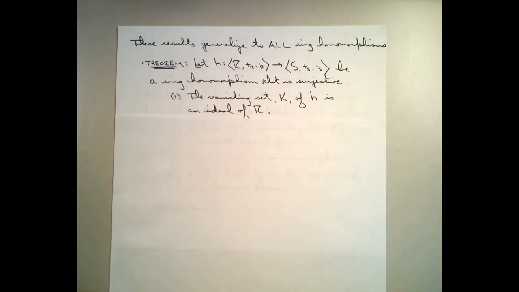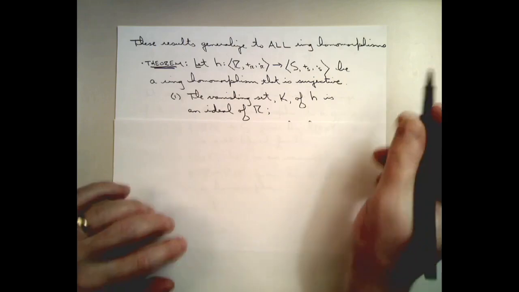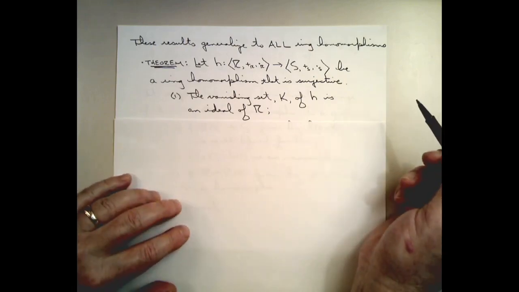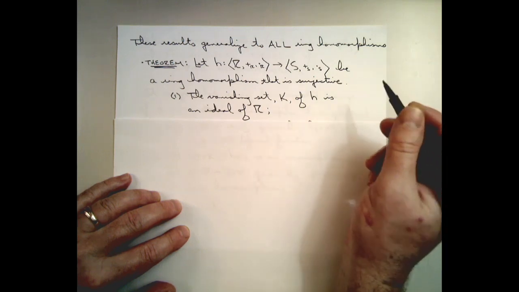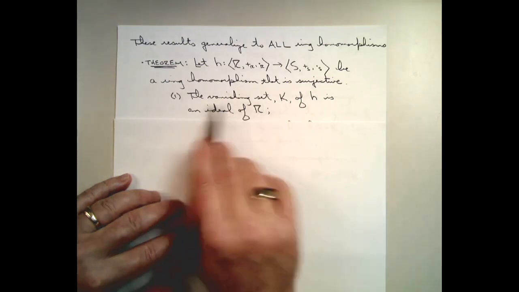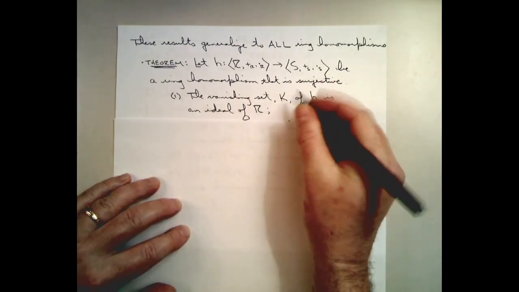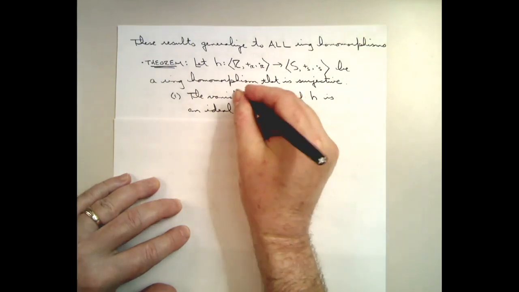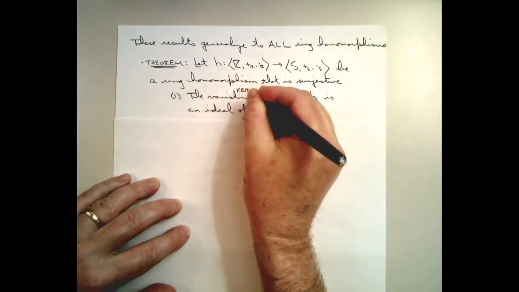First of all, the vanishing set, and I'm going to call the vanishing set K of H, is an ideal of R. Incidentally, I didn't mention this whenever we were talking about groups, but if anyone takes a course in abstract algebra beyond this one, you'll probably want to know that the traditional name for what I'm calling the vanishing set is the kernel of the homomorphism.